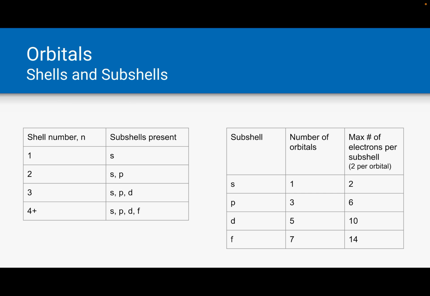What makes the quantum mechanical model so much more complicated is that within each level you have this imaginary space that has individual subshells or subshell orbitals with different shapes that are confusing. As you see, each shell has an increasing number of subshells, up to 4, and then everything past 4 will have the s, p, d, and f. So you'll need to use that information.